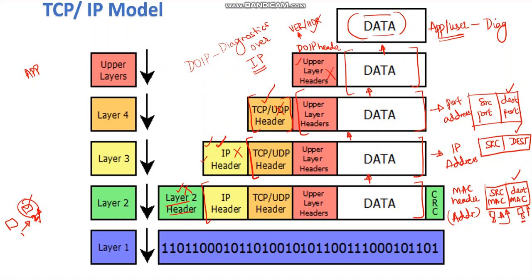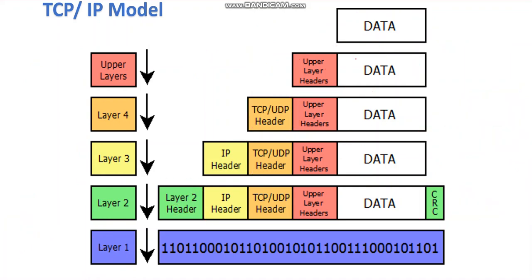Even though we are sending it over Ethernet, only the 5 layers of the Ethernet protocol will be aware of what the header is. But the upper layer, which is above the application layer, is independent of the protocol which is underlying the application layer.